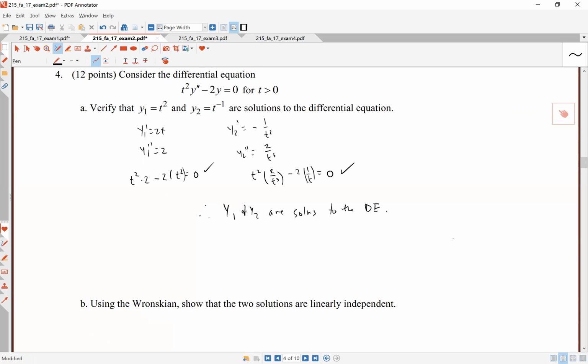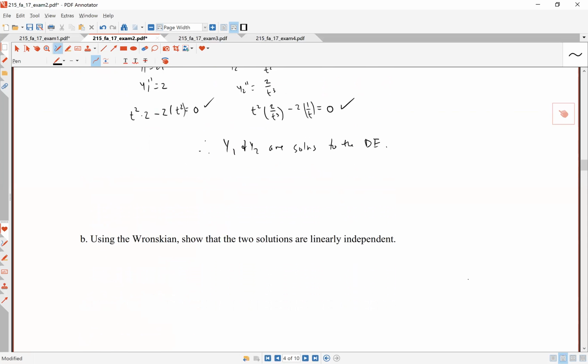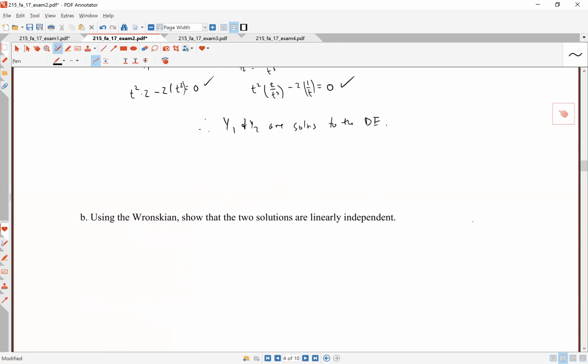Now, since they're both solutions, we want to show that they're linearly independent, and then we can say that the general solution is any linear combination of those. So the Wronskian was our fancy way to show that functions are linearly independent and vector functions are linearly independent.